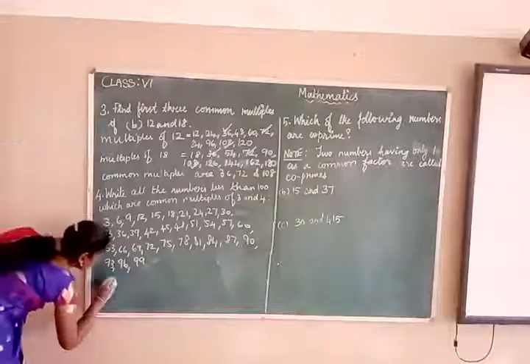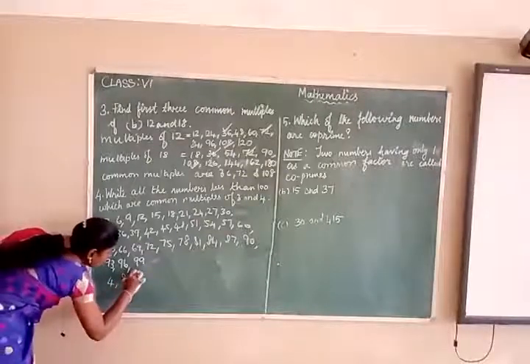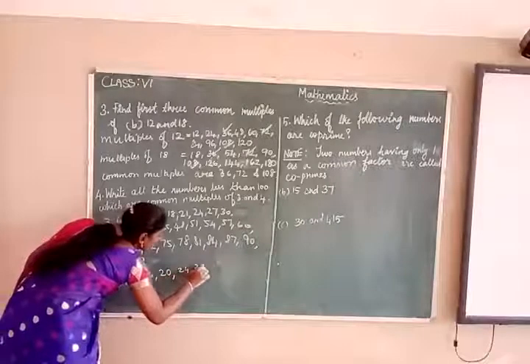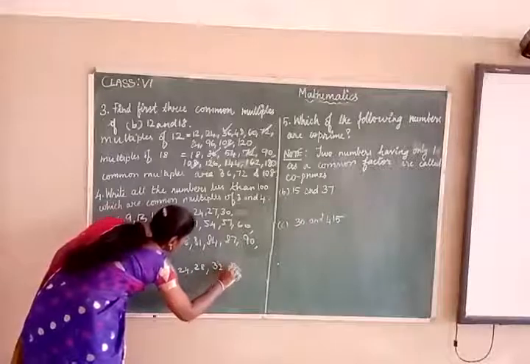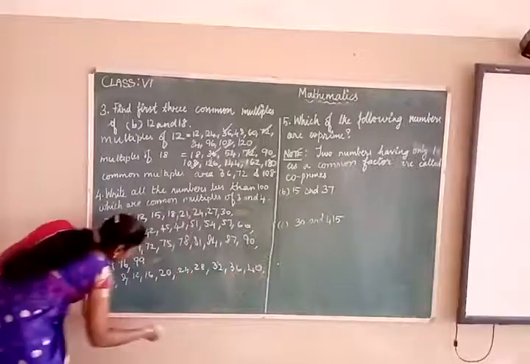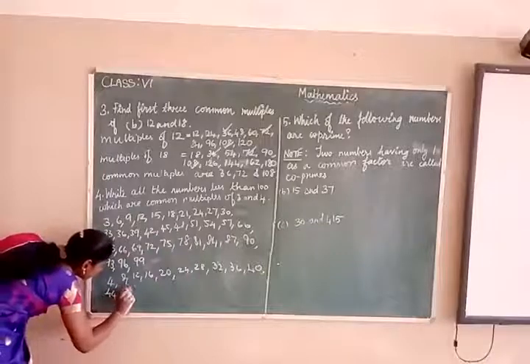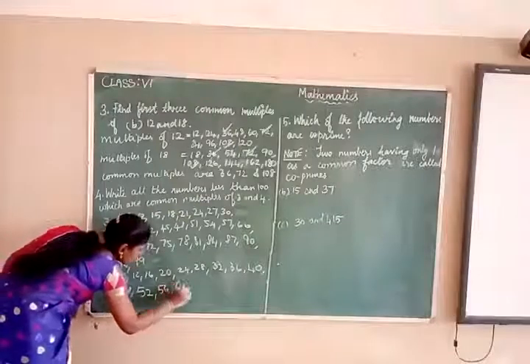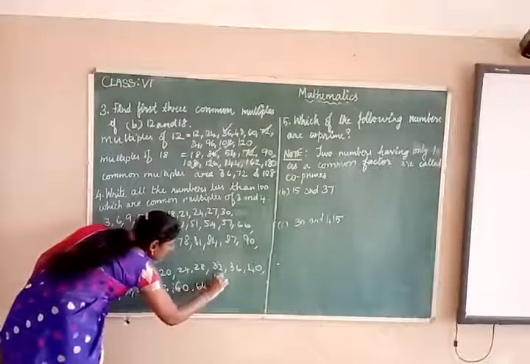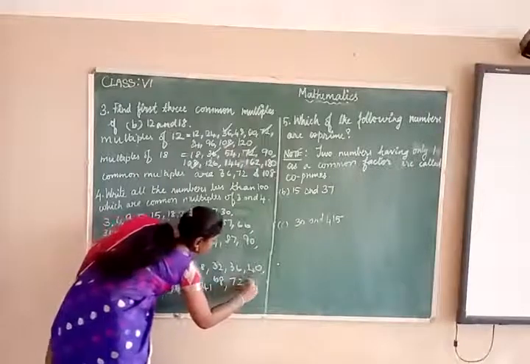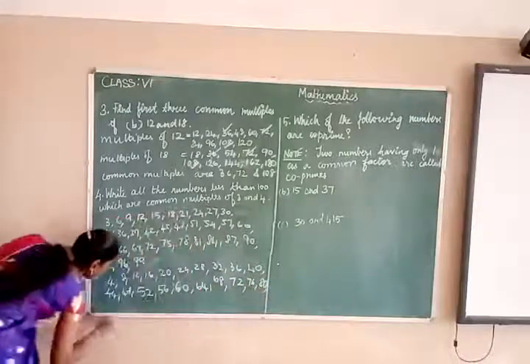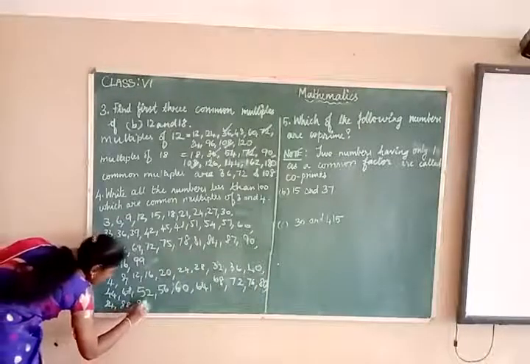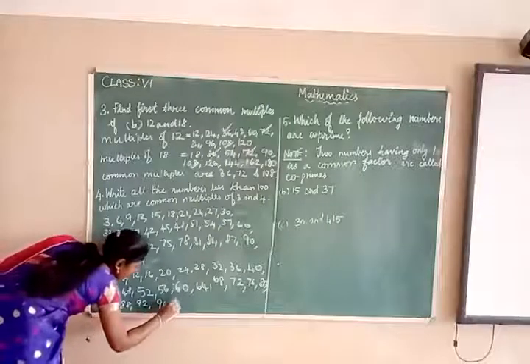Multiples of 4: 4, 8, 12, 16, 20, 24, 28, 32, 36, 40, 44, 48, 52, 56, 60, 64, 68, 72, 76, 80, 84, 88, 92, 96 and 100.